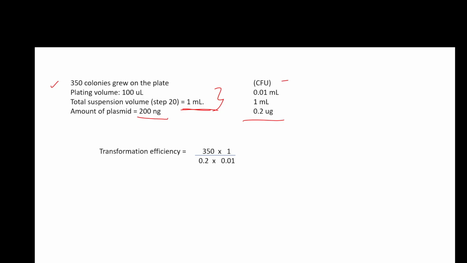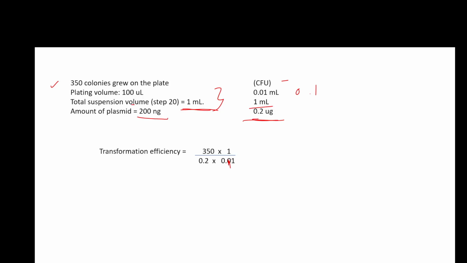The plated volume is 100 microliter, which means 0.1 ml. The total suspension is 1 ml, and the amount of plasmid is 0.2 microgram.